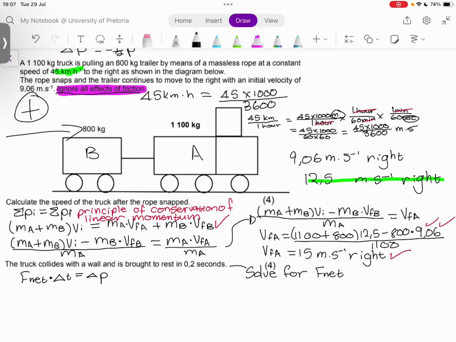So I'll just give you guys a few minutes to try arrive at the final answer. You can ask questions in the chat. Hopefully your fellow students will help you, but I will only come in at the end of the allocated time, which I think I'll give you maybe 3 minutes, 4 minutes, just to see if everybody's on the same page and is following what is currently going on. We have to solve for the net force, F net.